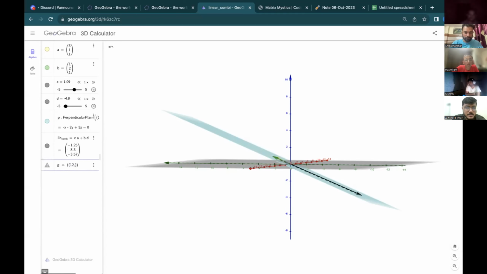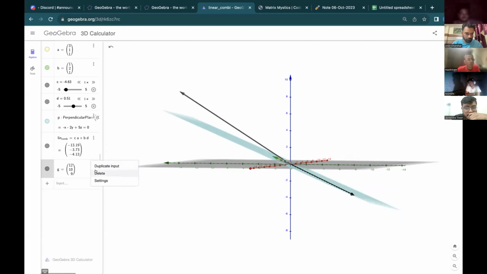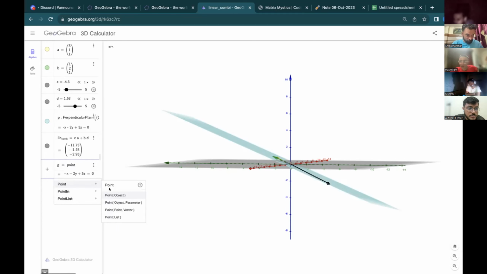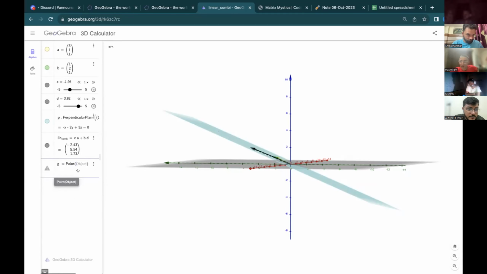But while finding that perpendicular, in GeoGebra, the function takes two inputs, one a point and another a plane. So should we define H as a point? Ankit is doing that.